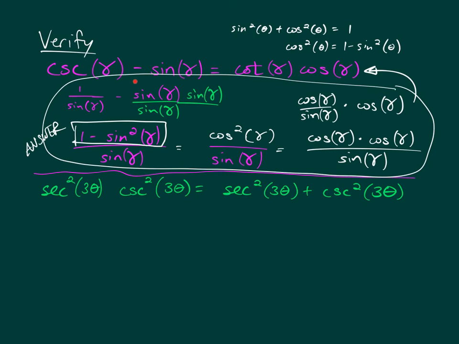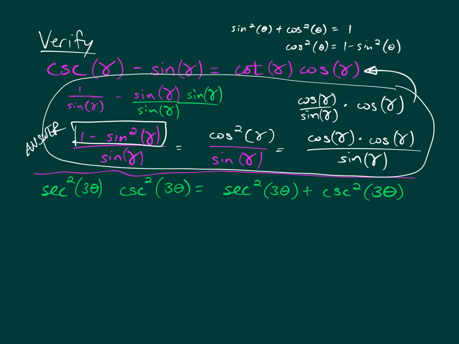So the work kind of cycles around this way. I started here with the reciprocal identity and multiplying both top and bottom here by sine of gamma, so I could combine these terms into one. And then using the Pythagorean identity here to get cosine squared, splitting it apart, writing it like this, and that leads right over into this answer.